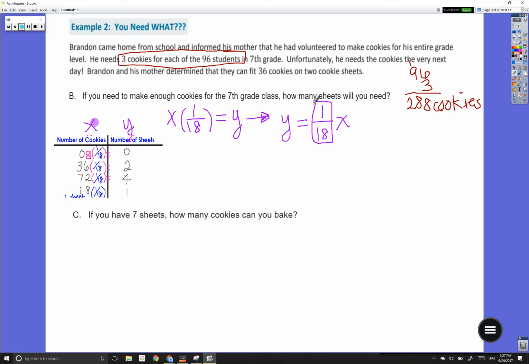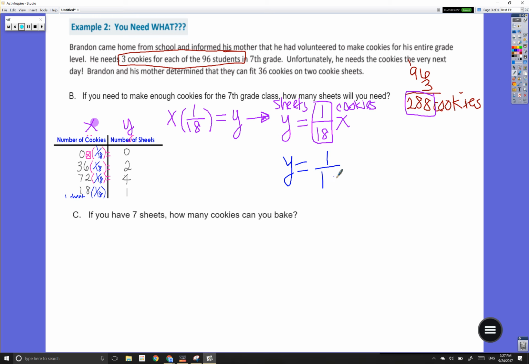Once I do that, you'll actually be able to use this information pretty easily. So if I wanted to make 288 cookies, I just have to make sense of, well, my X are my cookies, and I'm going to write my units right on top, and Y are my sheets. So if I take my 288 cookies and I copy everything down, my Y does not change yet.